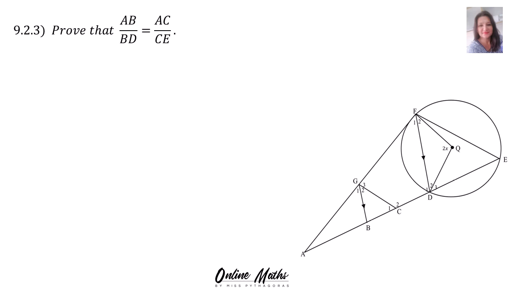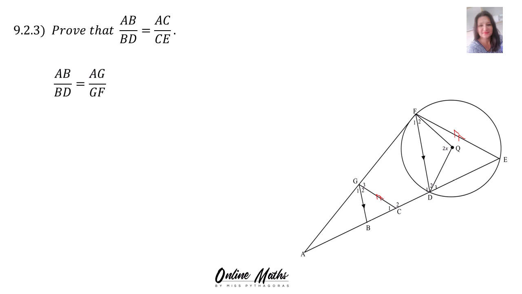Number 3, we need to prove that the ratio AB over BD is equal to AC over CE. Now just remember from the previous sum, we decided that GC was parallel to FE. Now, because there are parallel lines and there are triangles, we can use the proportionality theorem.